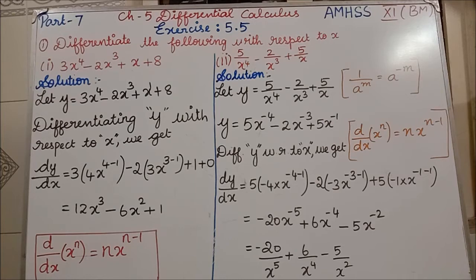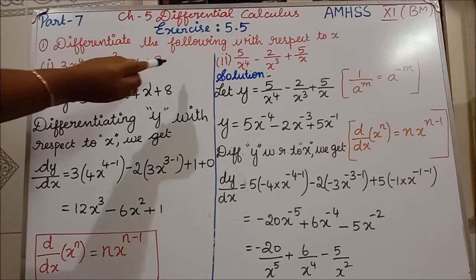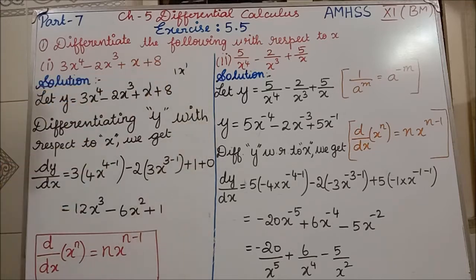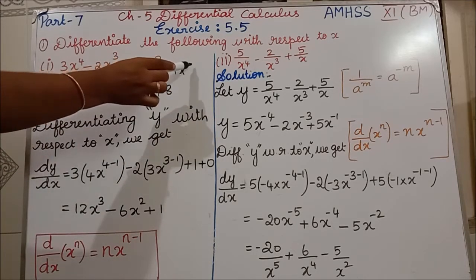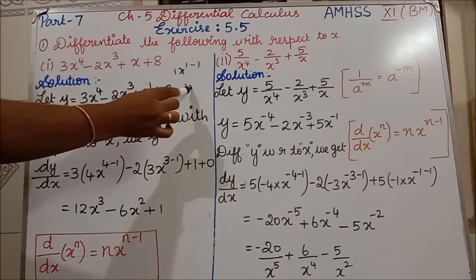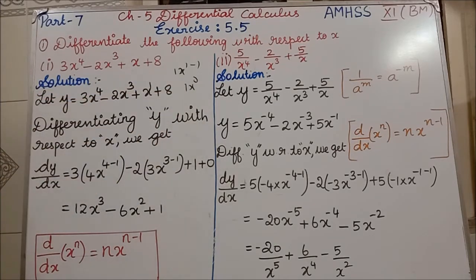So 1 x power 1 minus 1, which is 1 into x power 0. The value of x power 0 is 1, because anything power 0 becomes 1. So 1 into 1 is 1. So we are getting 1.